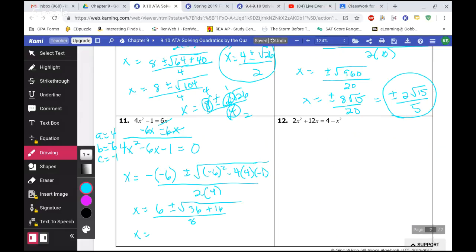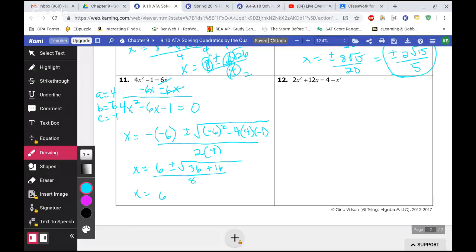So x equals 6 plus or minus the square root of 52 all over 8. So I need to factor 52.